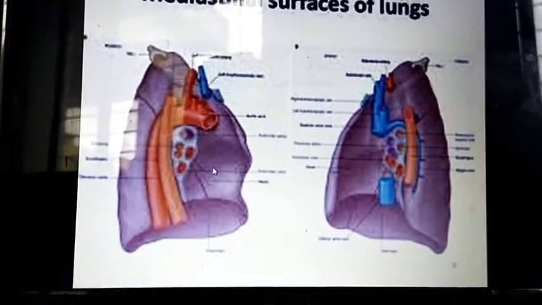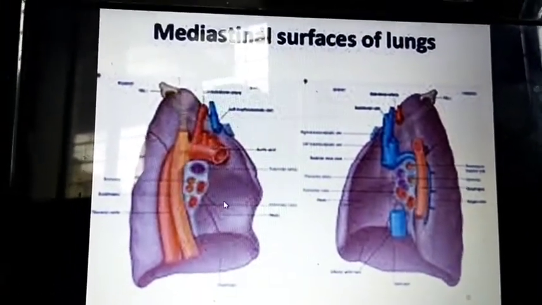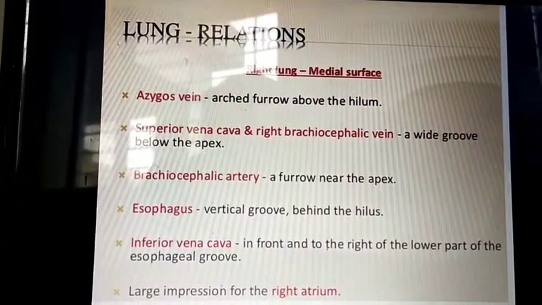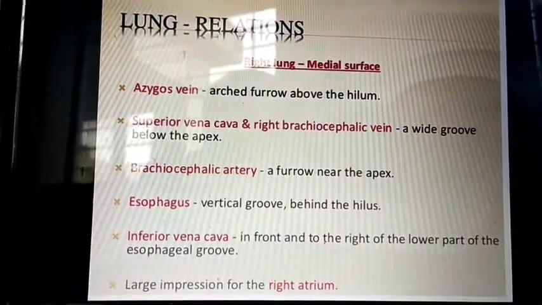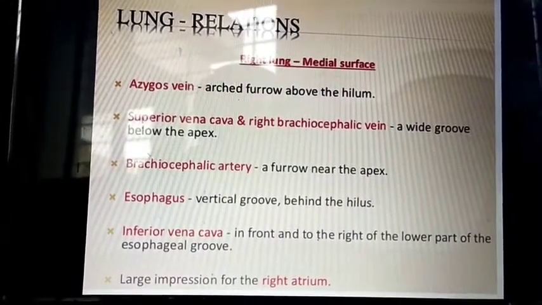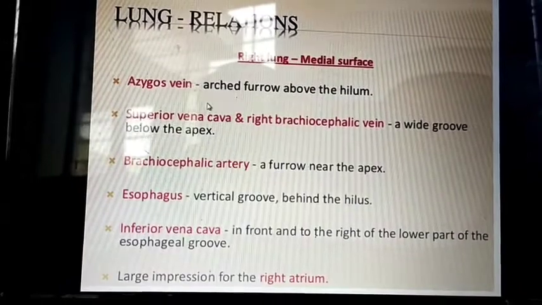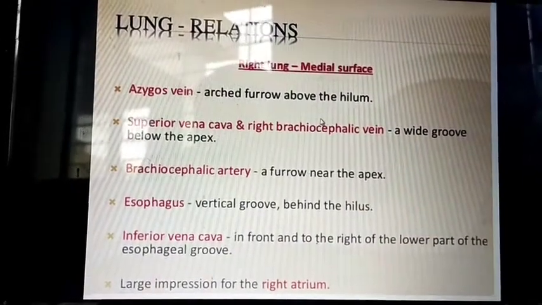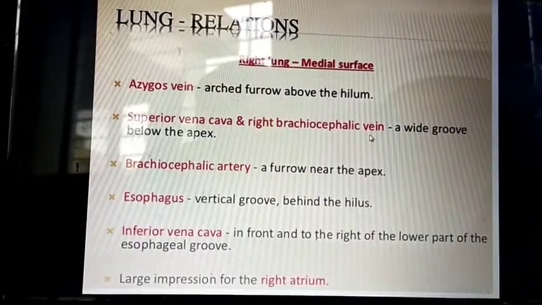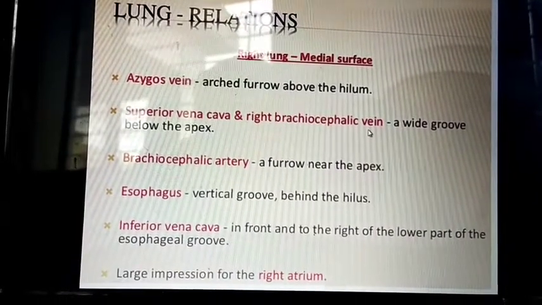And what are the relations of the mediastinal surface and the lung? First of all, we go for the relations of the right lung's mediastinal surface. First, the azygous vein arches in a furrow above the hilum. The superior vena cava and right brachiocephalic vein make a wide groove below the apex.